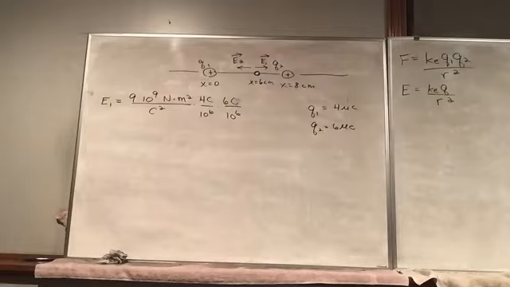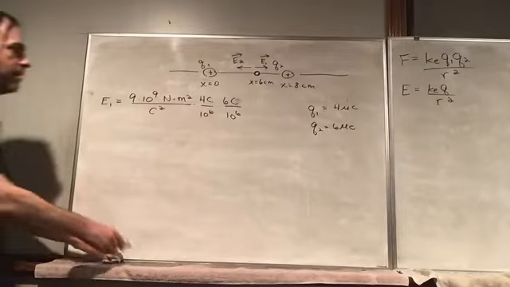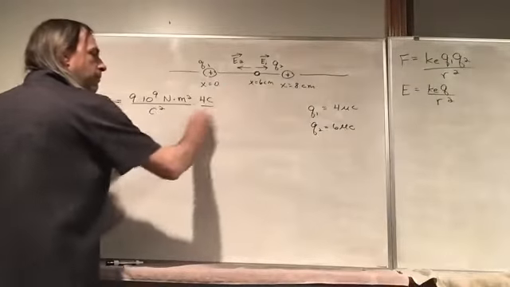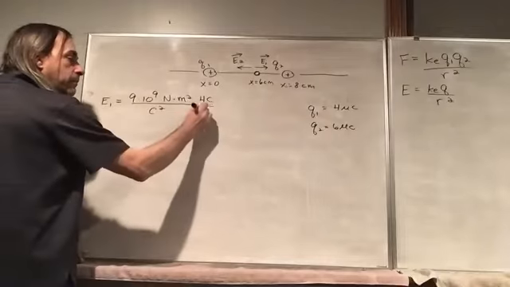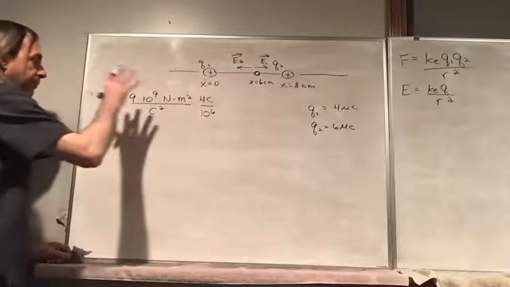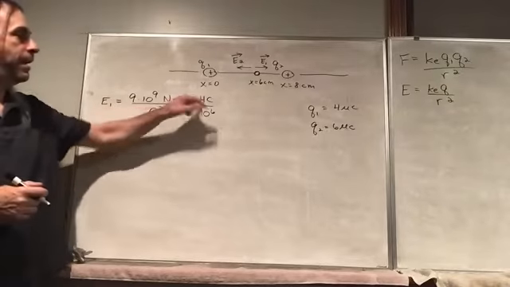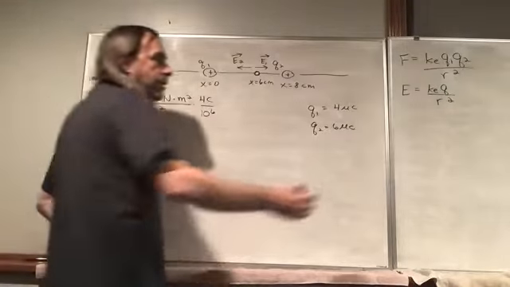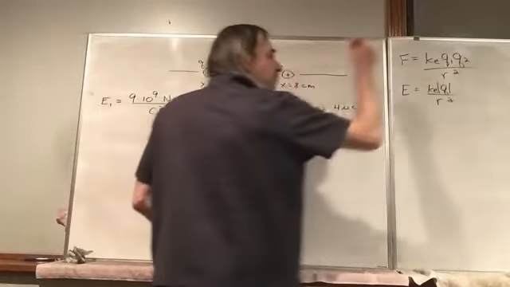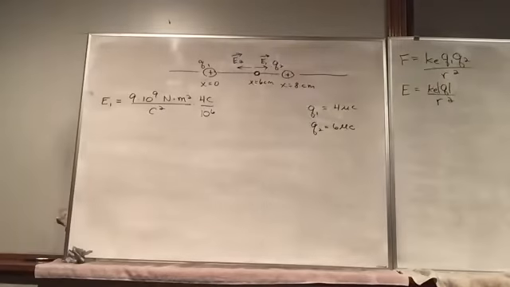Sorry, I'm just looking for E1, not the force. Okay, so if the charge was negative, you would not put the minus sign in there. I really should do it like this, just as a reminder that we're talking about the magnitude of the electric field.